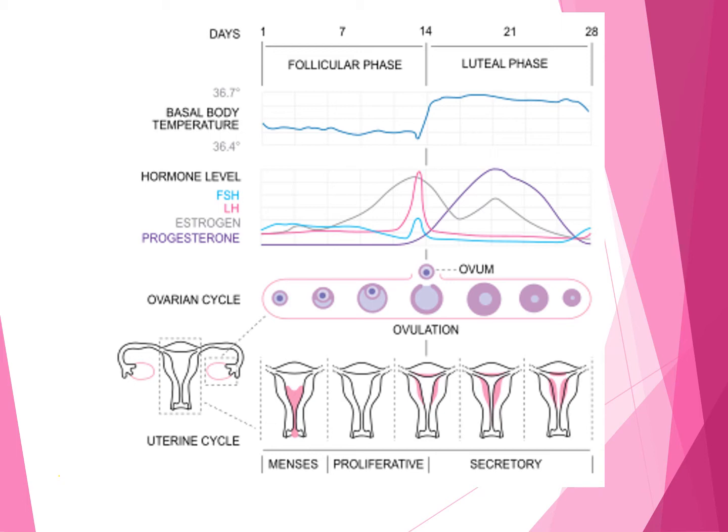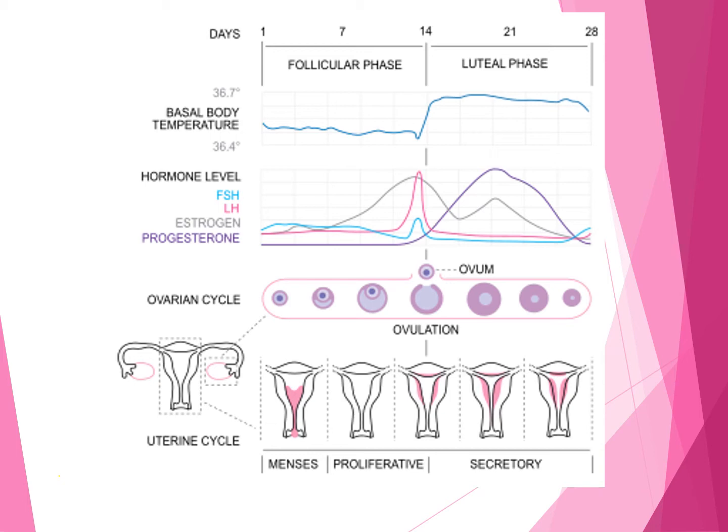Next you see the hormonal levels of FSH and LH. The FSH is more in the first 14 days. LH is more in 14 to 28 days. Estrogen is more in the first 14 days and then reduces.